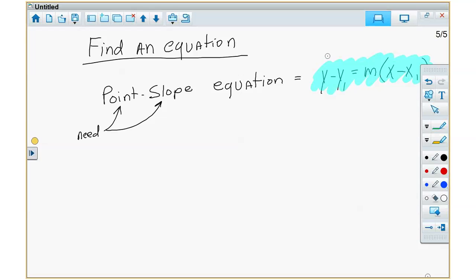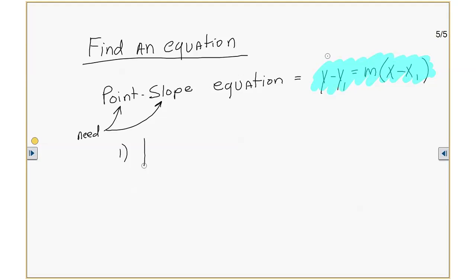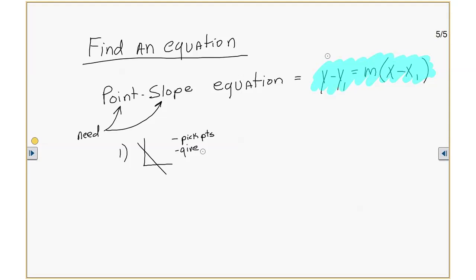Now, there's three types of problems that you'll see with this. One is kind of like the last one. They're going to give you a graph, and you either pick the points, or they give them to you in a graph. Okay, that's two types.